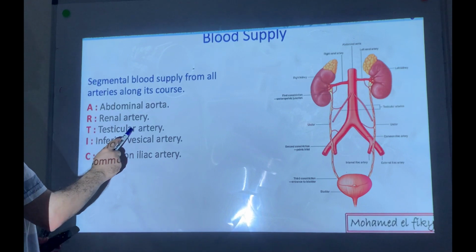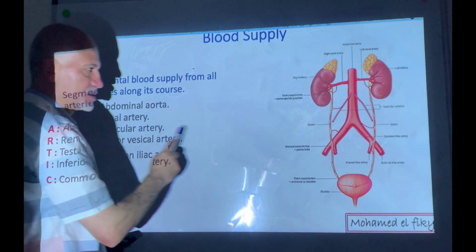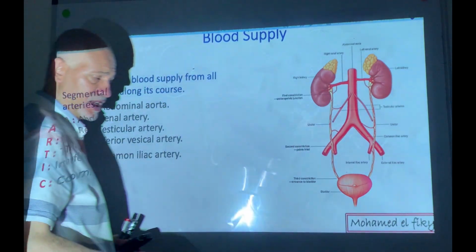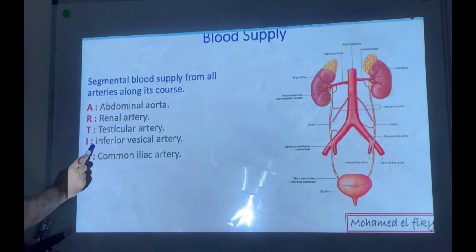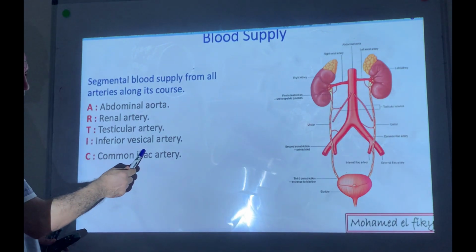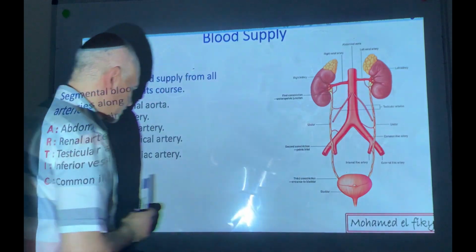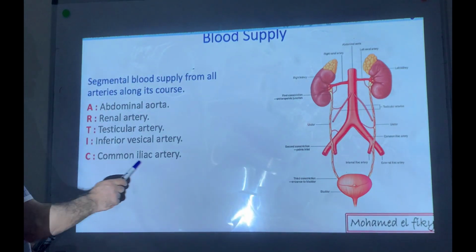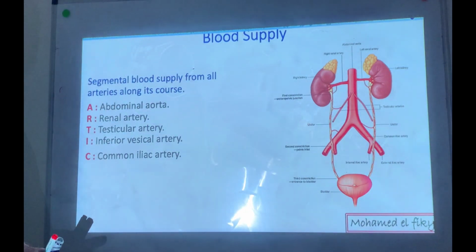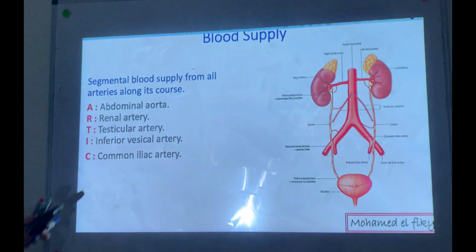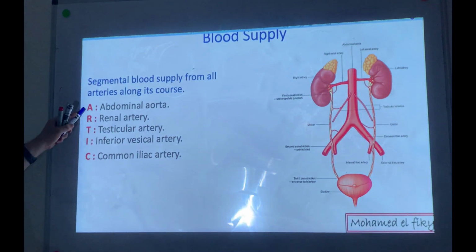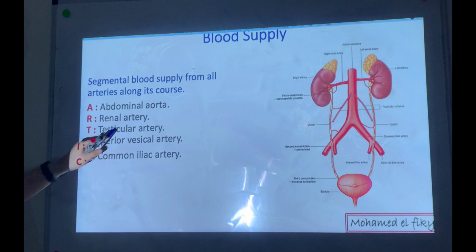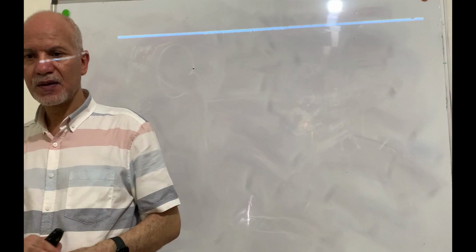T, testicular artery, gonadal, testicular in male and ovarian in female. I, inferior vesical, the artery which supplies the bladder. C, common iliac. This is the blood supply of the ureter: aorta, renal, testicular, inferior vesical, and common iliac.